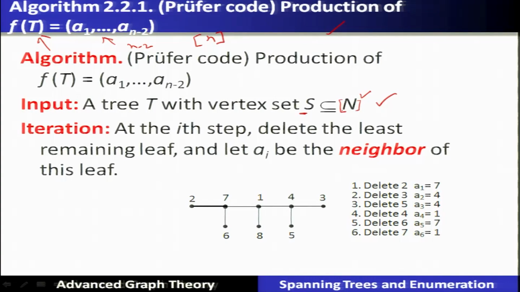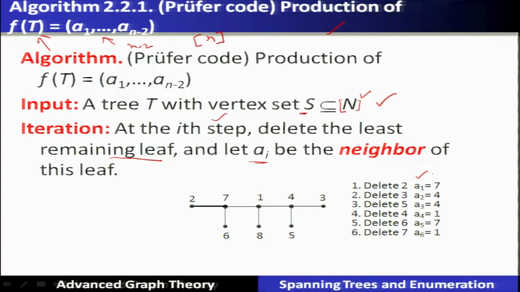As far as this algorithm is concerned, at the ith step it will delete the last remaining leaf, and ai is the neighbor of this leaf, which is noted down. This iteration keeps going.